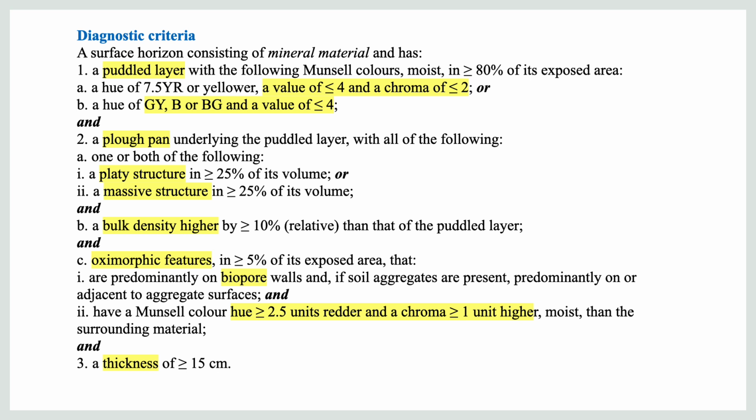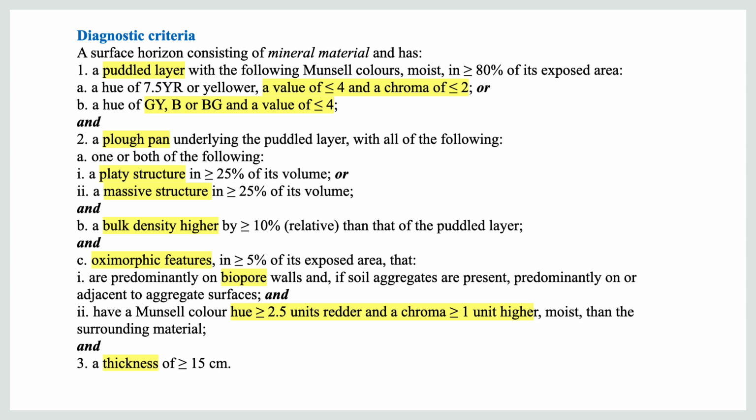This plow pan should be below this puddled layer, and it should present a platy structure or a massive structure in at least 25% of its volume, expressing a very intense consolidation of a horizon because of human action at the surface.